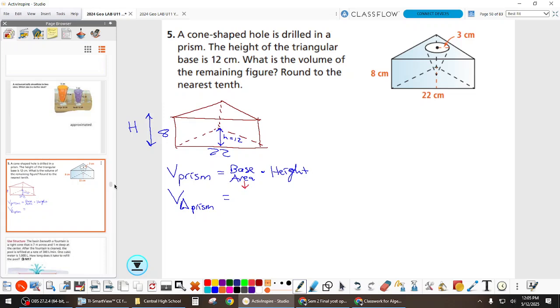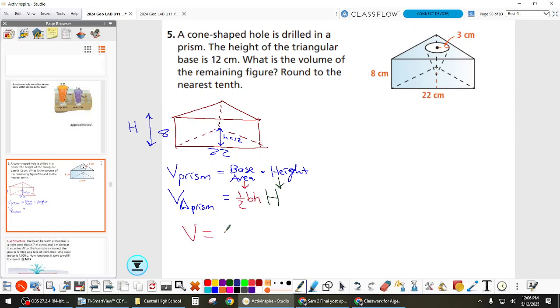That's for a rectangle. Half times base times height, so 22 times 12. Yeah, times a half. Okay, and then the overall height of the whole thing, right? So we're going to call that big H. Everybody good on that? Just quick reviewing formulas and stuff.